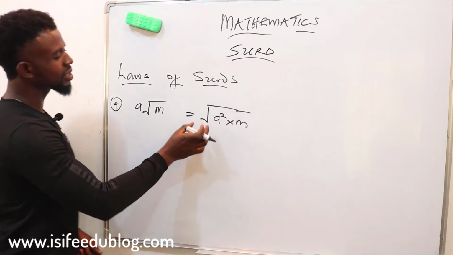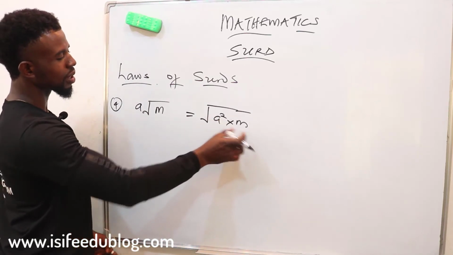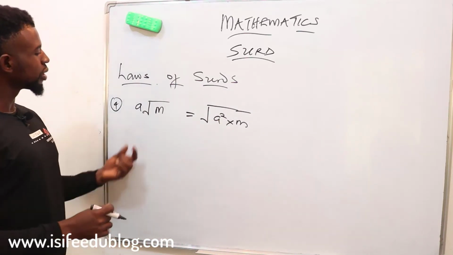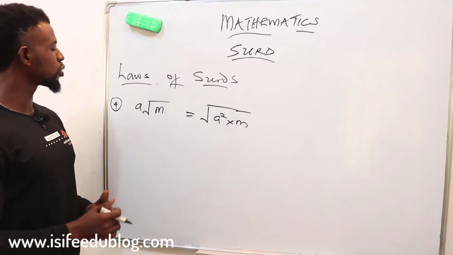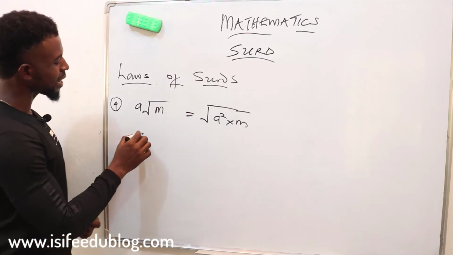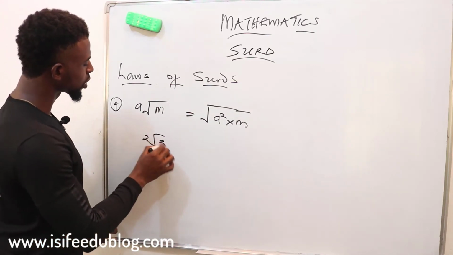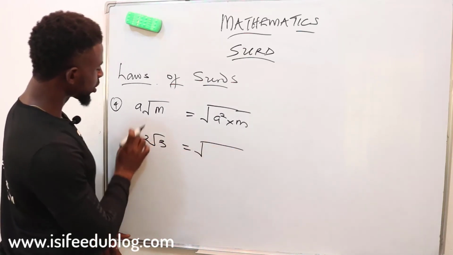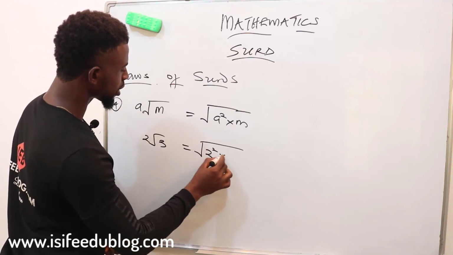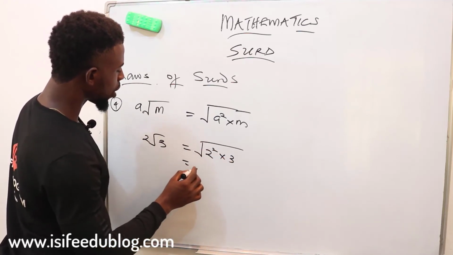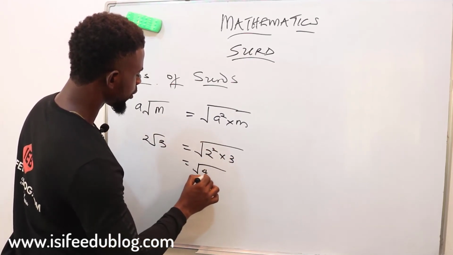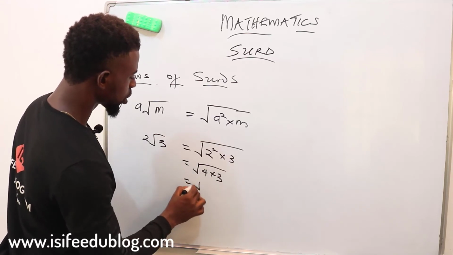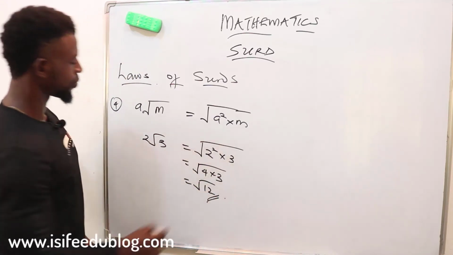So this is basically what our fourth rule says. It means that if I have 2 root 3, it is the same thing as root 2 squared times 3. So here I'll have root 4 times 3, which is equal to root 12.